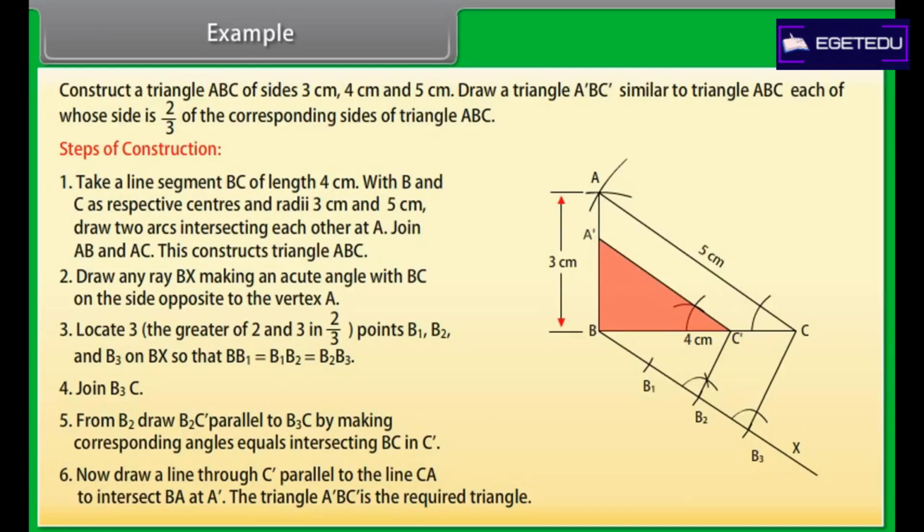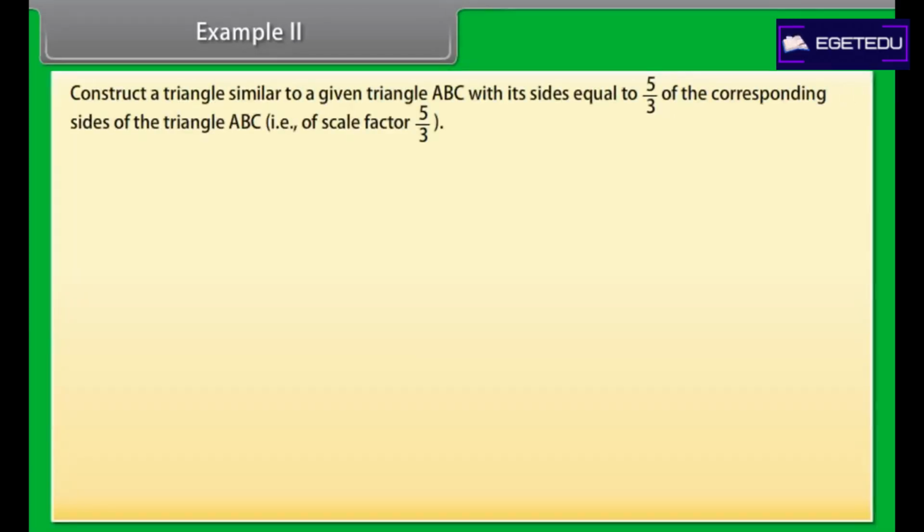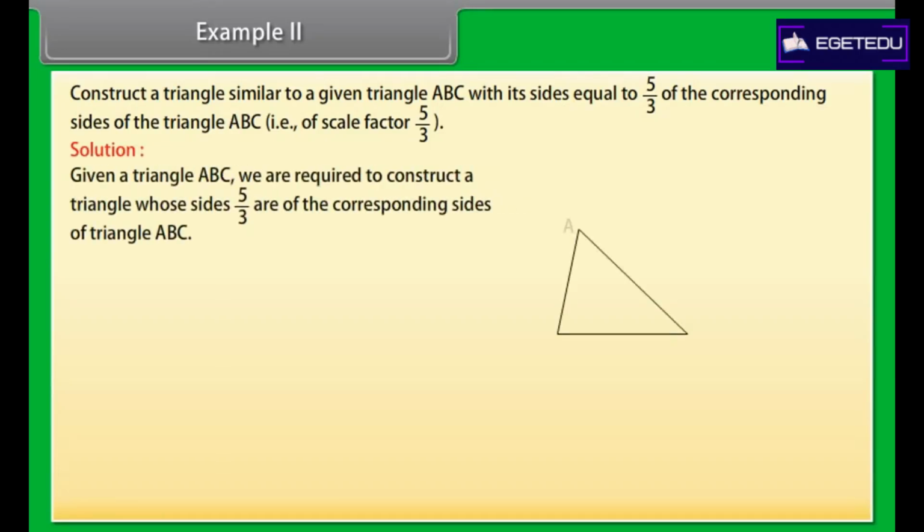From B2, draw B2C' parallel to B3C by making corresponding angles equal, intersecting BC at C'. Now draw a line through C' parallel to the line CA to intersect BA at A'. The triangle A'BC' is the required triangle.